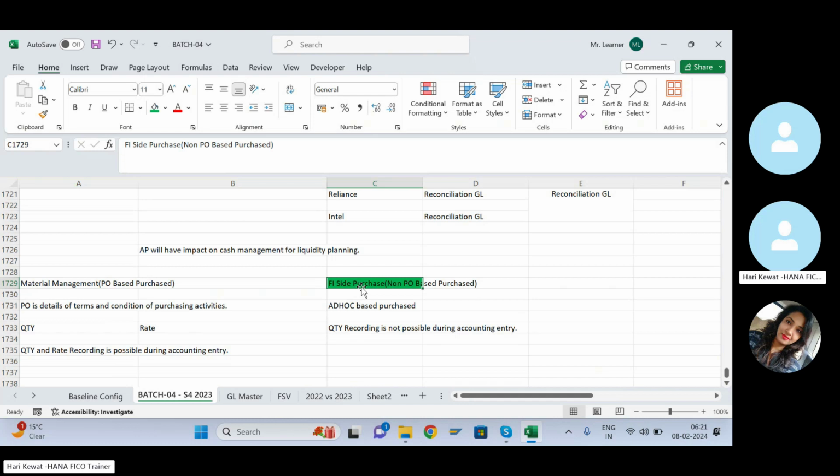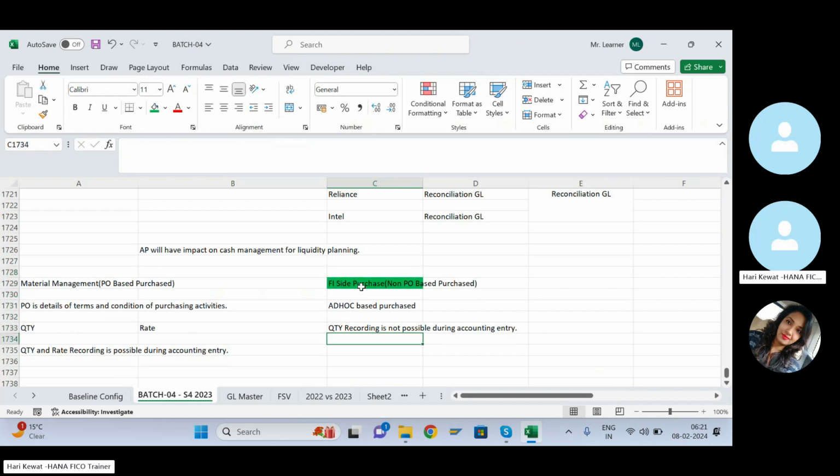There will be a delegation of authority, and the approval matrix will be already built. Before posting the vendor invoice into SAP, users must take the approval.